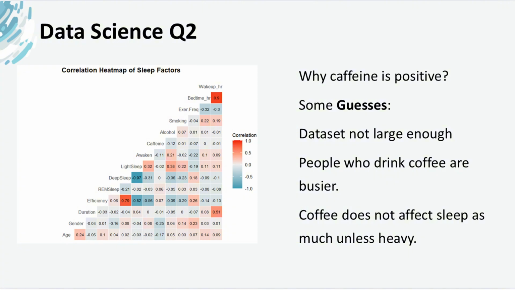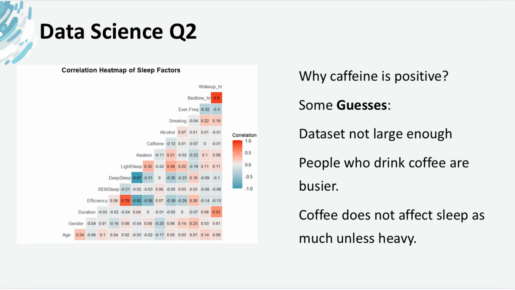Let's analyze something that is against our expectations. Why is caffeine positive? Some guesses I made according to the dataset are that the dataset is not large enough, so it might not represent the statistical truth. And people who drink coffee might be busier, and so they're more tired at night.